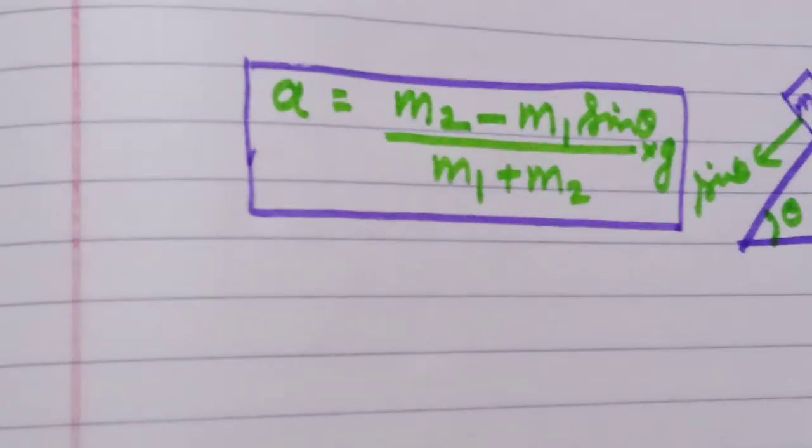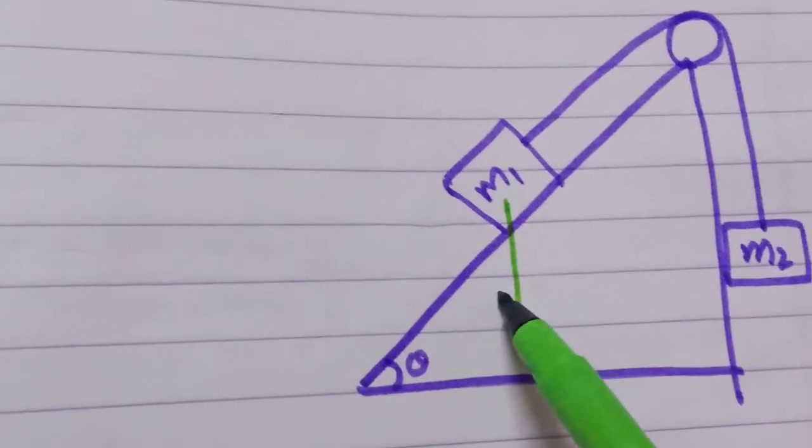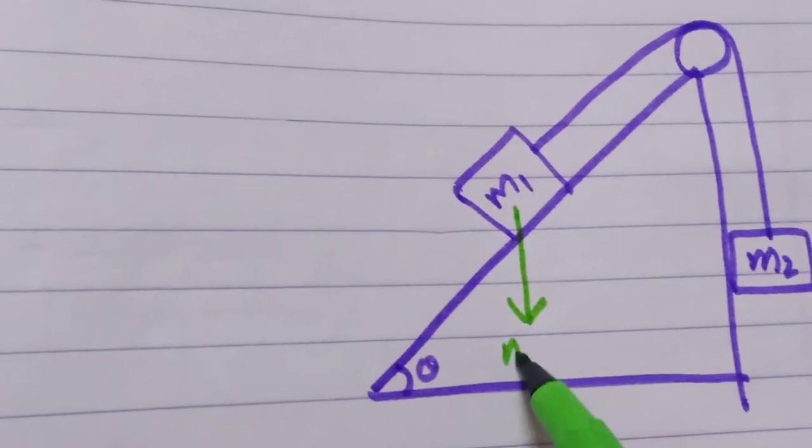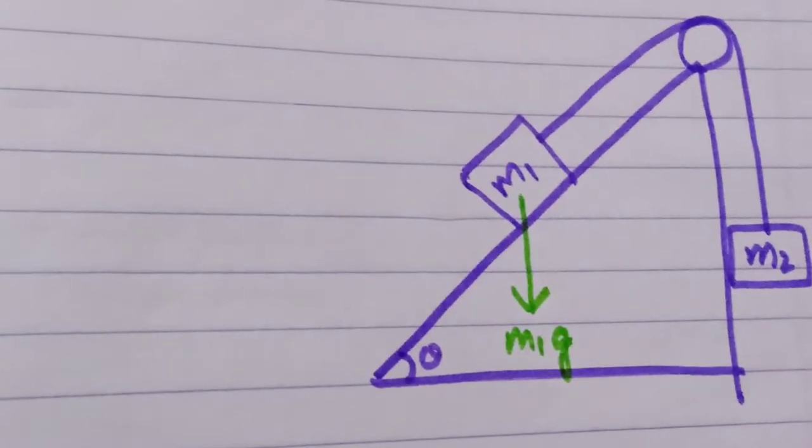Okay, this is the system. For this, first we draw the FBD for the m1 block.